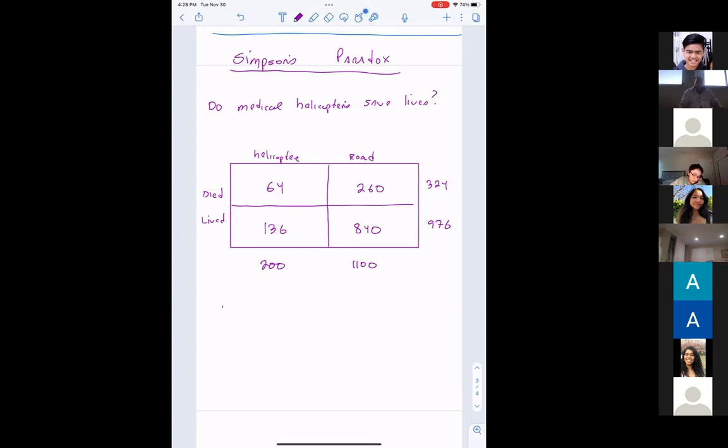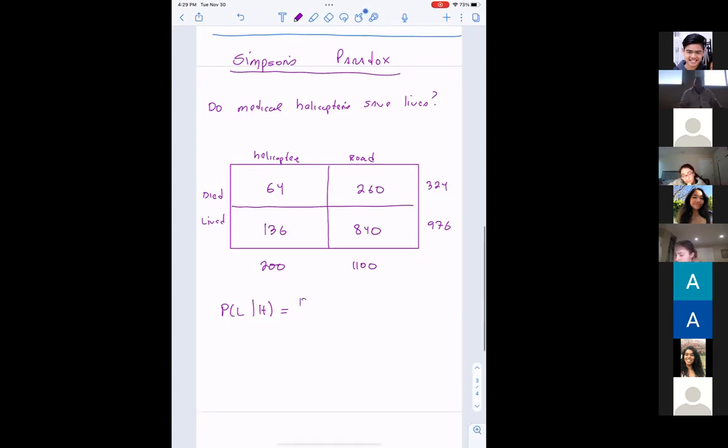So question, what's the probability that a person lived given they went by helicopter? Yes, 136 out of 200, which is 68%. So 68% of the time, the person lived when they went by the helicopter.